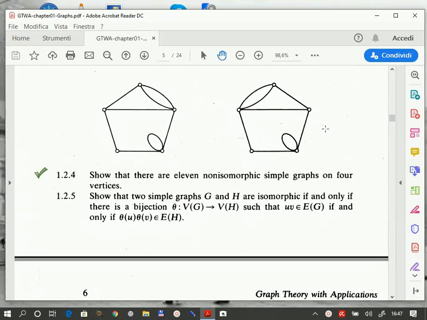Meaning, since these 2 multiple edges must go to the multiple edges in some way, also these 2 vertices in some way must go to these 2 vertices. All right? So one possibility is this, and the other possibility is this flipped over.